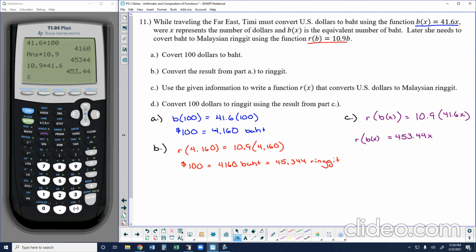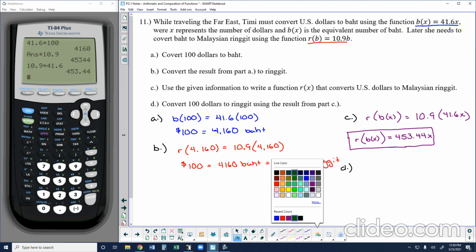So here we can find a quicker way to convert directly from dollars into ringgit. So if I wanted to convert from dollars into ringgit, like we do in part D, we're going to convert $100 again just to make sure that this works.